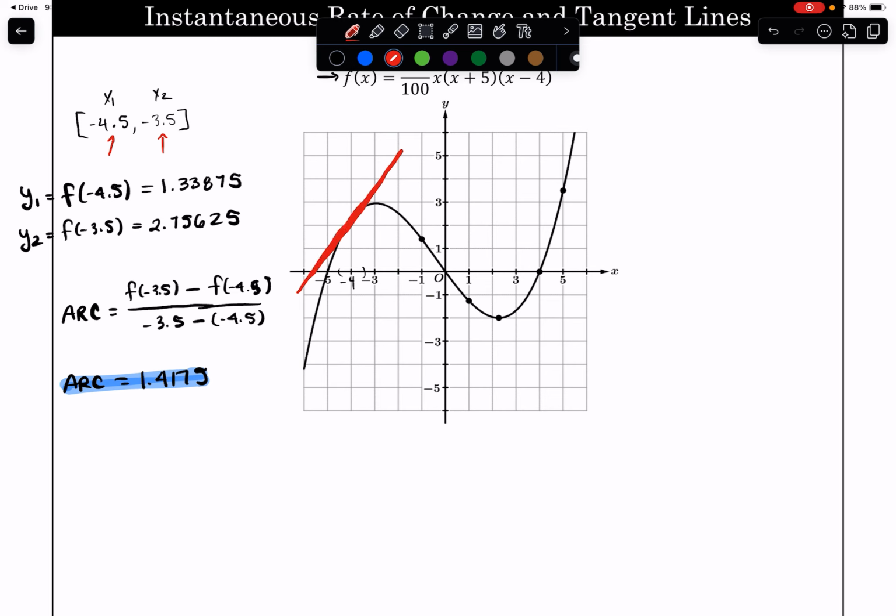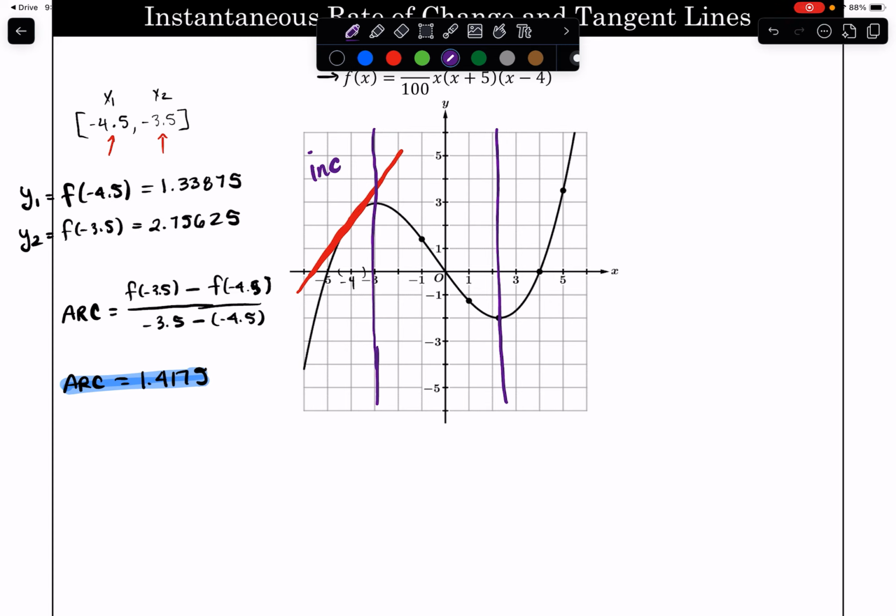If I look at this graph right here and I break it apart, and I break it up into intervals where my max and minimum value is occurring, notice that in this location right here, my graph is going up. And look at what the rate of change is. The rate of change is a positive number. So it correlates.